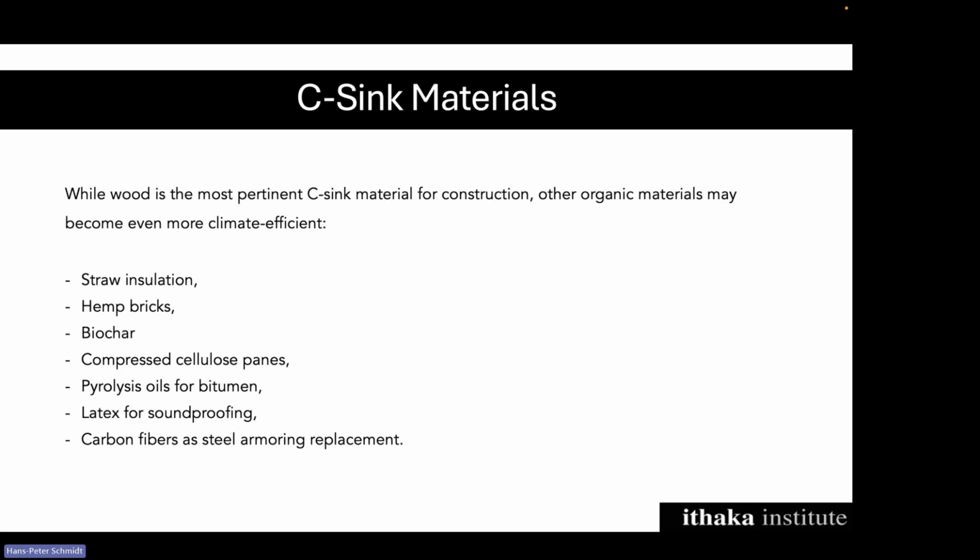A future carbon sink for buildings is carbon fibers. Carbon fibers made from CO2 removed from the atmosphere and transformed into methane, and from methane to methanol, and from methanol to carbon fibers, which would be the perfect carbon sink, replacing steel armor that could be replaced by carbon extracted directly from the atmosphere.